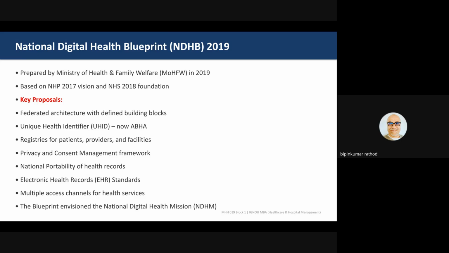So you see what we came up with in the NDHB: registries for patient, provider, and facility, electronic health standards, national portability of health records, and multiple access channels for our healthcare services. This is the gamut of services we have developed on top of our National Health Policy and National Health Stack.